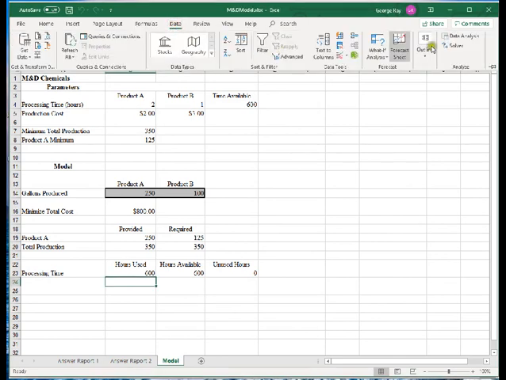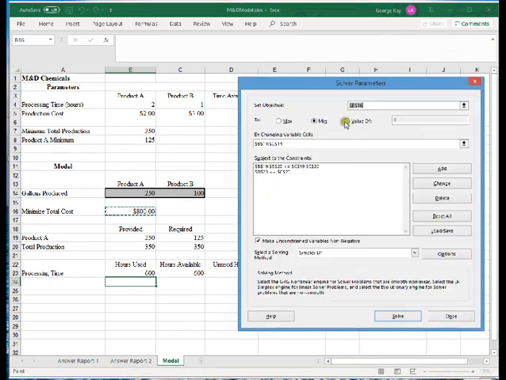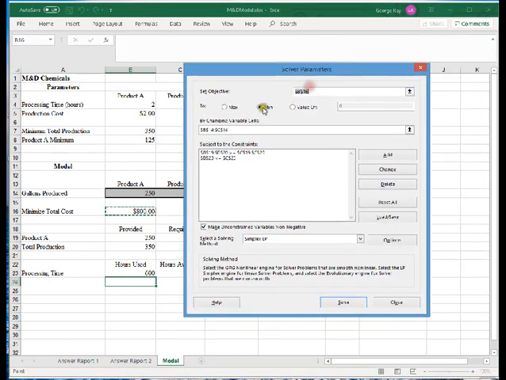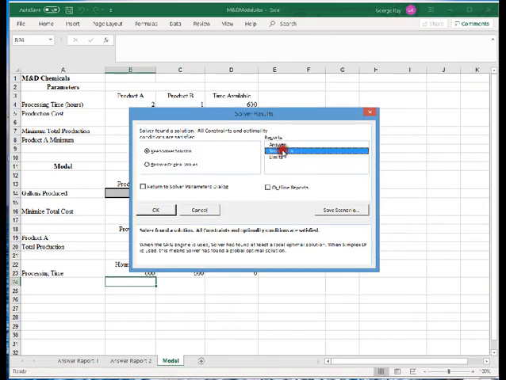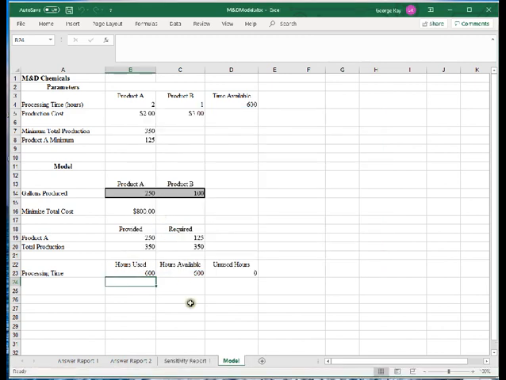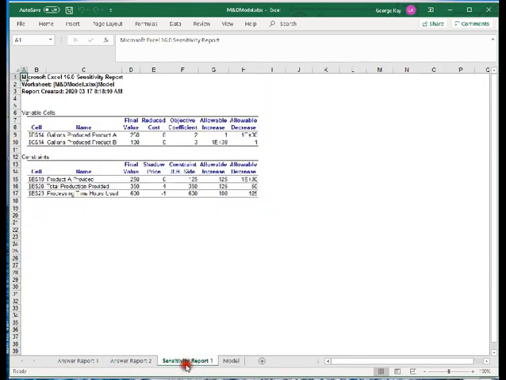So I go up to Data, go over to Solver, going to minimize this, the constraints, click Solve. This time under Reports, I'm going to select Sensitivity. Click OK. And now I have a sensitivity analysis.